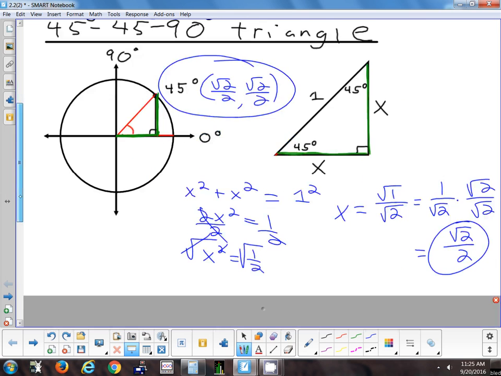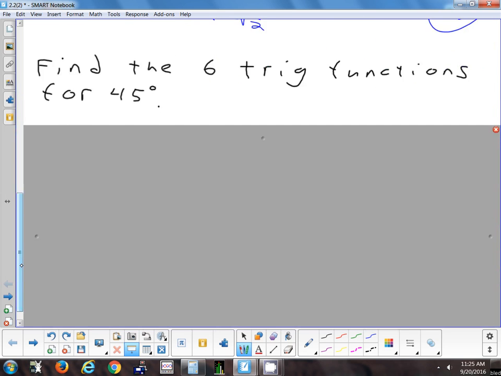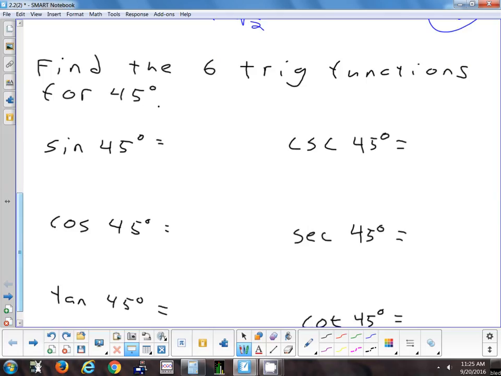All right, so let's try finding the 6 trig functions of 45 degrees. Right, so when I look at it, the first thing I look at is what information did they give me? Did they give me what I really need to do unit circle trig? How about Jesse?